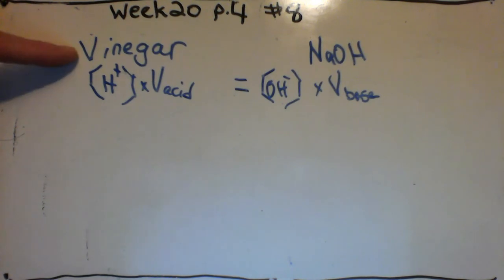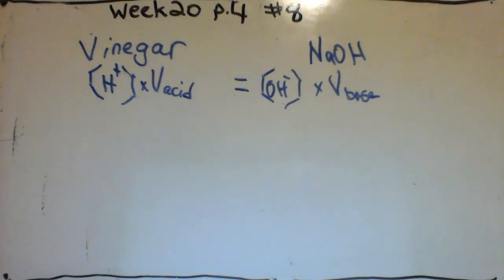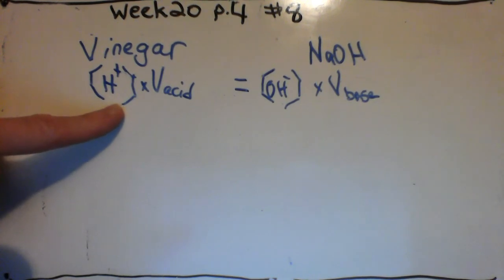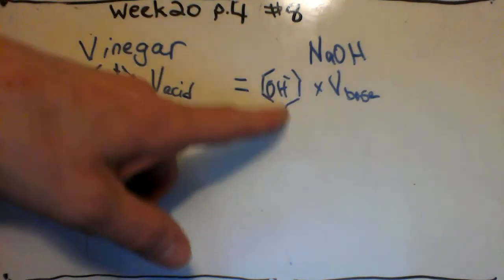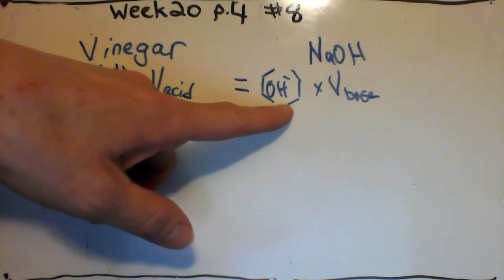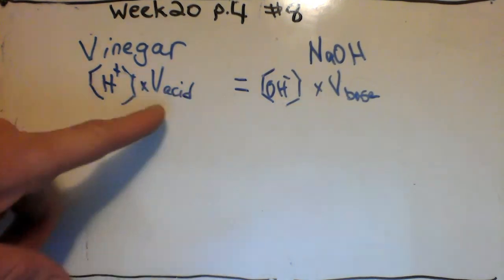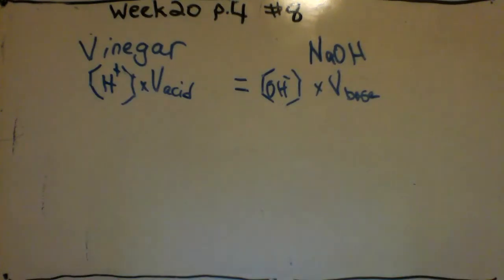So I wrote vinegar and sodium hydroxide. Put the concentration of the ions that dissociate from vinegar. Since it's an acid, it would be hydrogen ions or hydronium. And the concentration of ions that dissociate from sodium hydroxide, which is a base, times the volume of each.